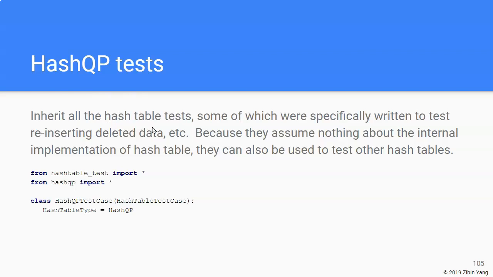And remember, we actually wrote a lot of tests in our last implementation of the hash table using separate chaining, and those were generic tests that use the same public methods, like insert, contains, and remove, and do not assume anything about how the hash table internally handles the collisions. So we can actually reuse all of those tests to test our new hash table QP class.